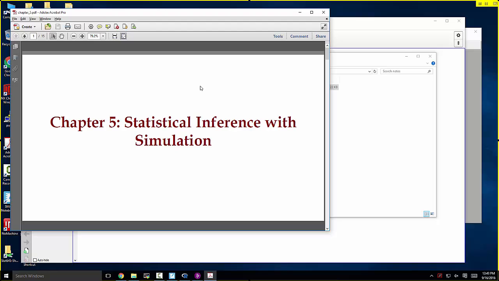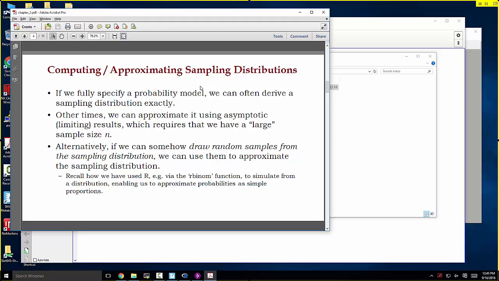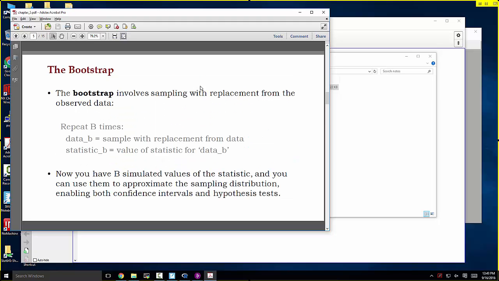And a modern way to do this is with your computer, computationally, in particular using simulation, either randomly drawing from a particular distribution, or resampling from an observed data set, or in some cases, directly simulating random numbers from some probability distribution that we think applies. What we've been focusing on so far is this thing called the Bootstrap.